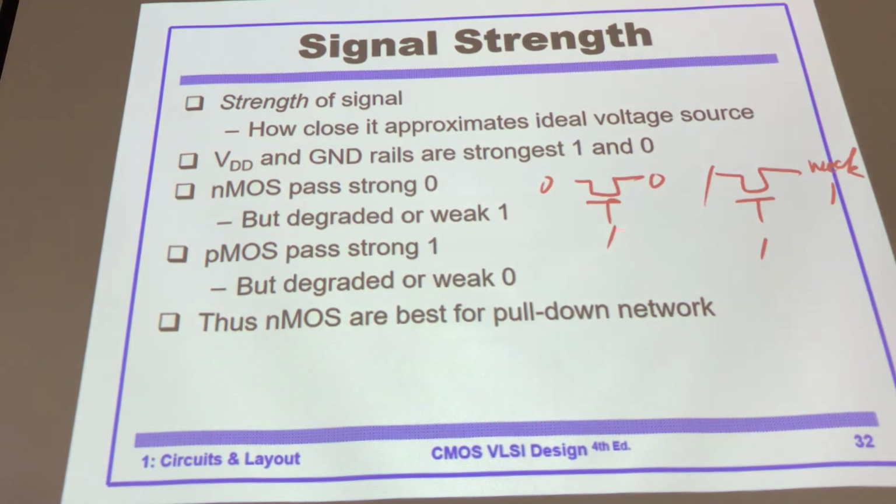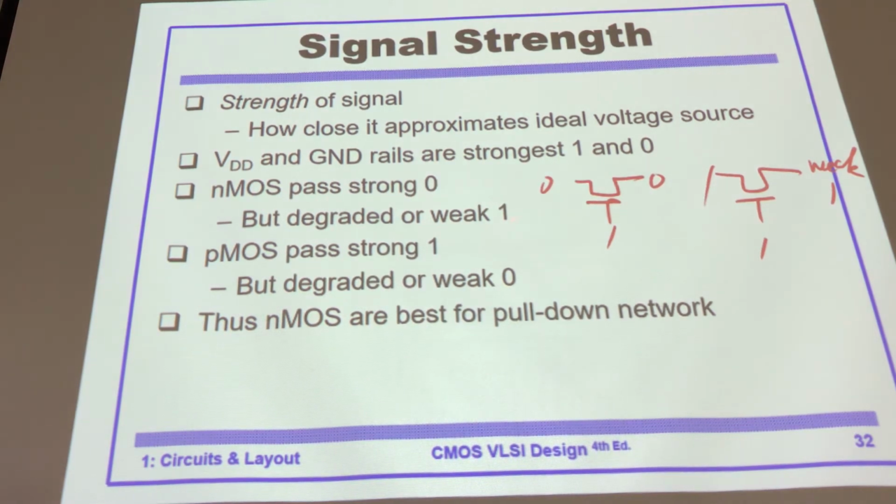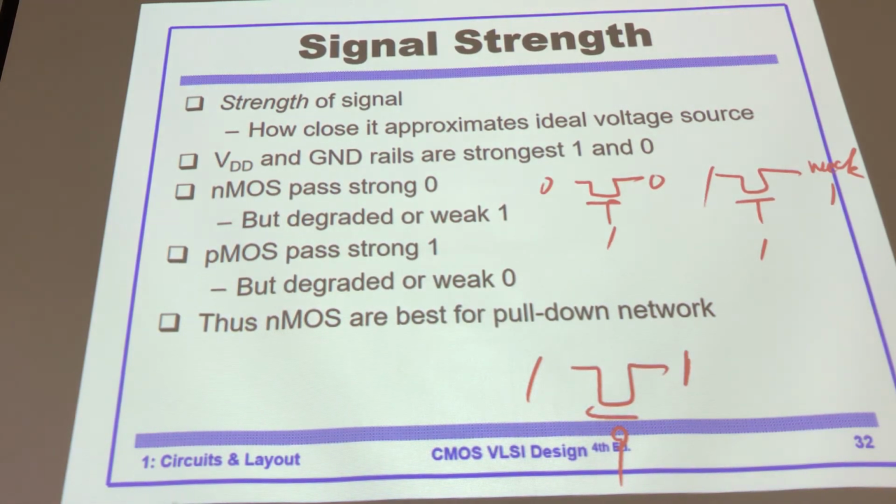So the NMOS transistor produces a weak or degraded signal 1. On the other hand, the PMOS transistor has strong 1. A very good 1. Not really the highest voltage, but very close. Okay, so strong 1.